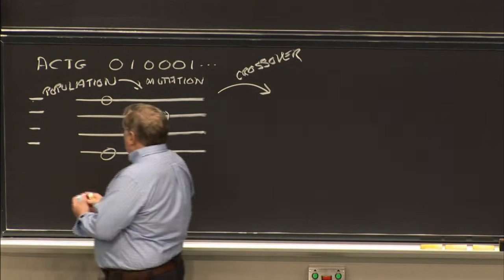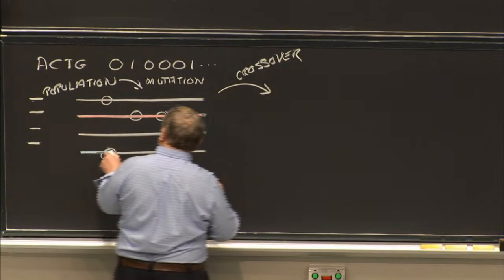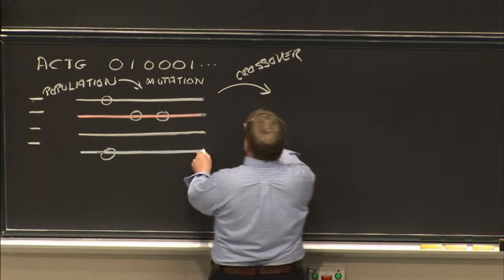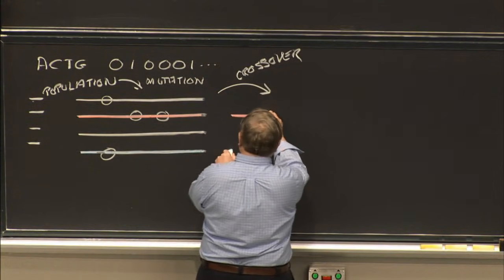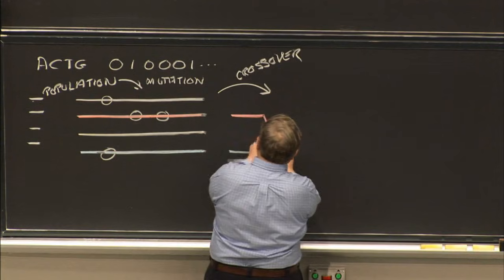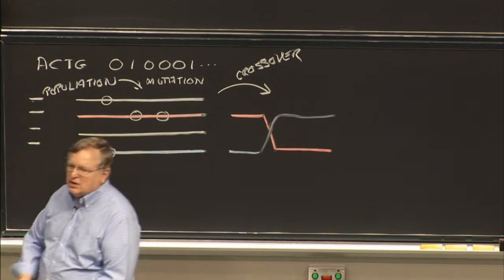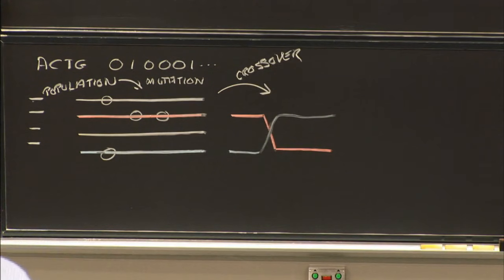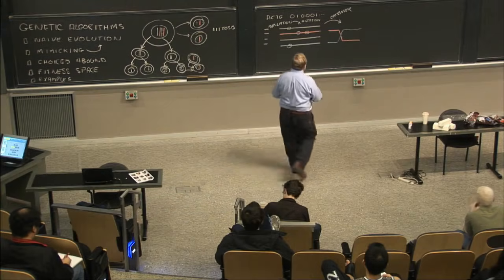And let's identify one of these guys as the pink one and one of these guys as the blue one. And so now we have the pink one cruising along as well as the blue one, but the pink one and the blue one cross and produce a new chromosome, just like in nature. So we take the front part of one, back part of the other, and we fuse them together.